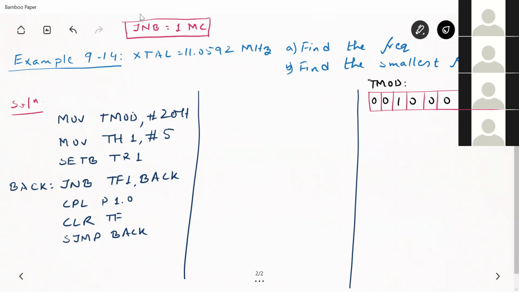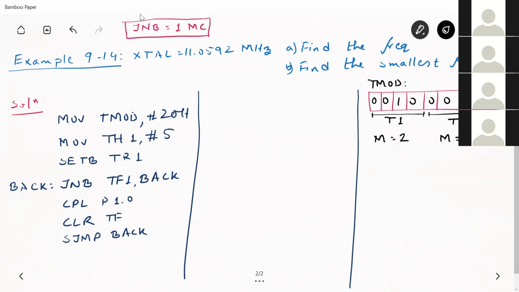So what are the information that we get from here? We know that the higher nibble controls timer 1 and the lower nibble controls timer 0. So in the higher nibble, from this one, what are the informations that we get? First of all, what is the mode in both of these cases? For the higher nibble, if we select timer 1, what is the mode? Mode 2.